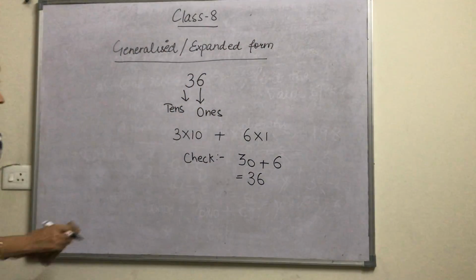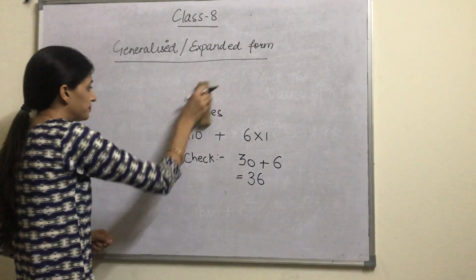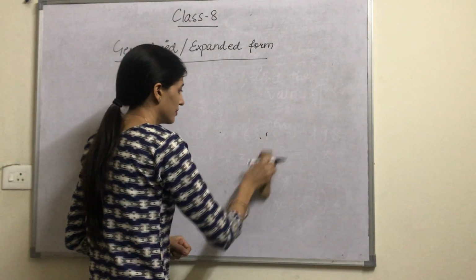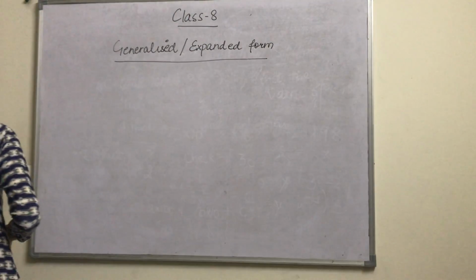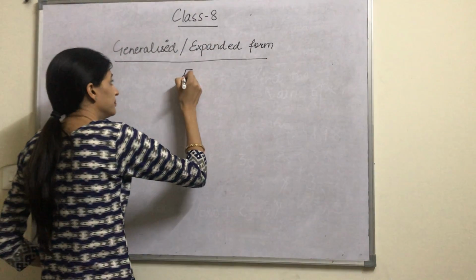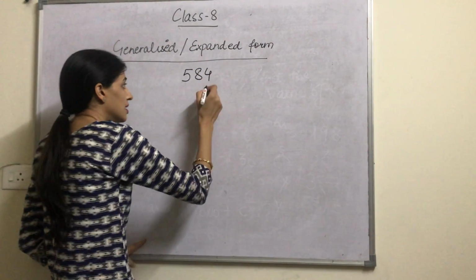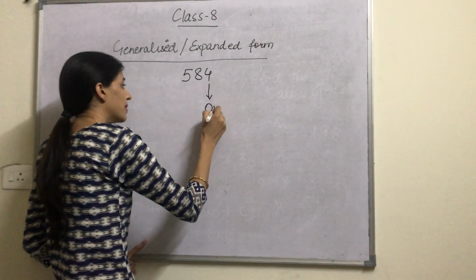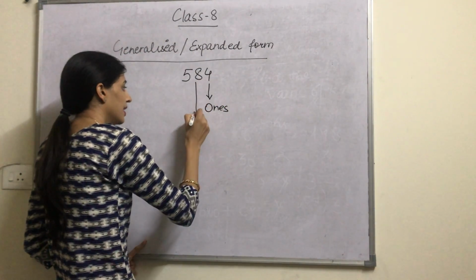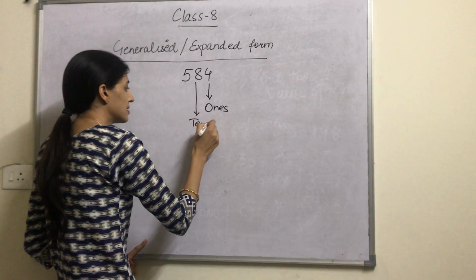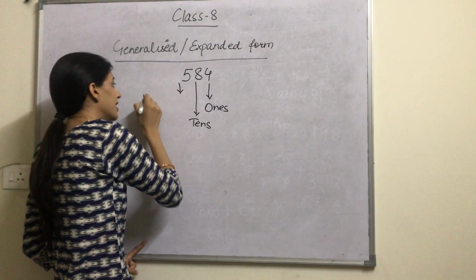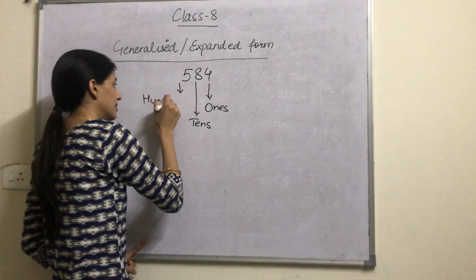Suppose a three-digit number is given to you, 584. Right? 4 is at ones place, 8 is at tens place, and 5 is at hundred place.